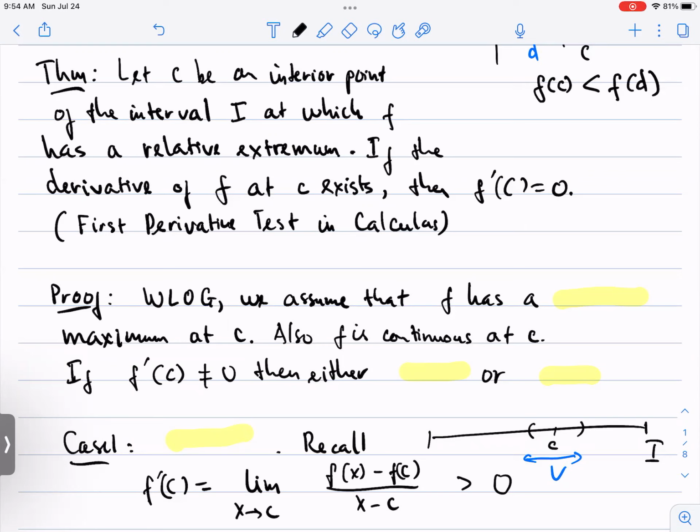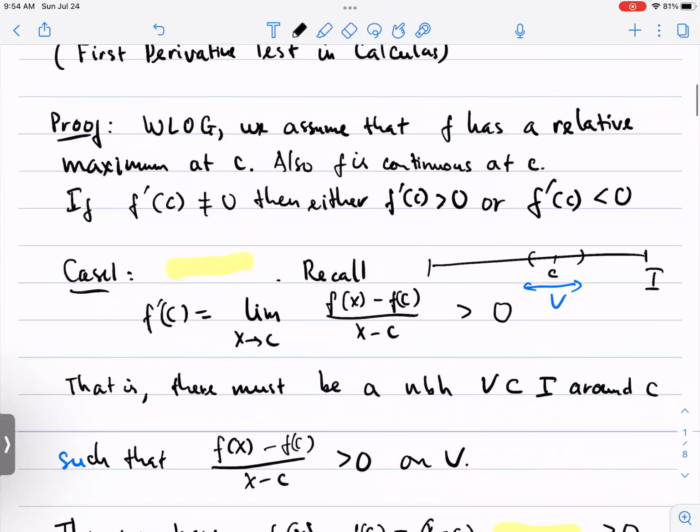The proof of this theorem goes as follows. Without loss of generality, we assume that f has a relative maximum at this point C. Also, because differentiability implies continuity, we know that the function f is continuous at this point C. If f prime of C is not equal to 0, then it must be bigger than 0 or it must be smaller than 0.